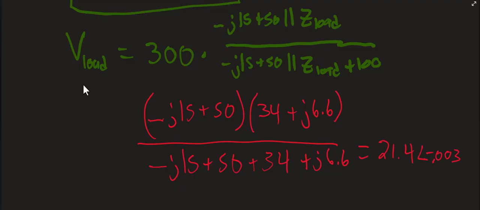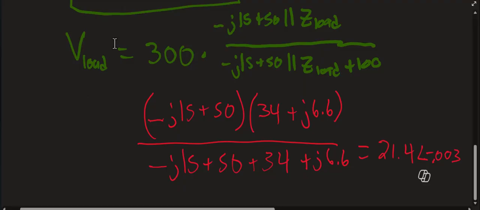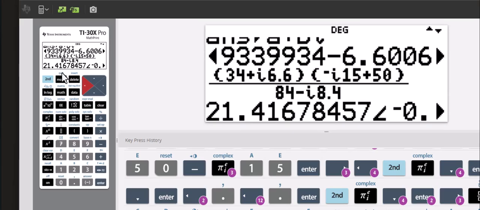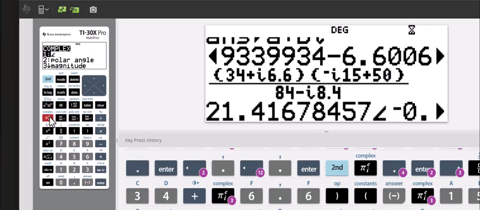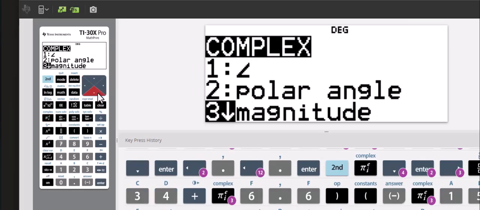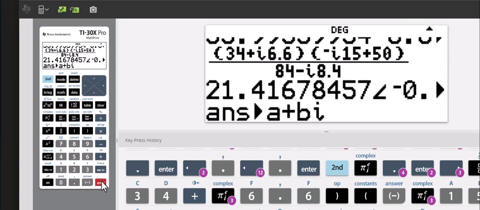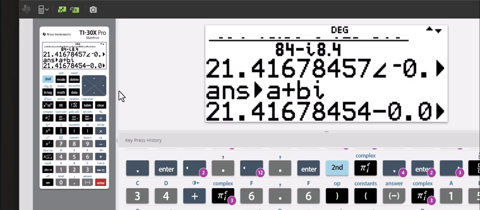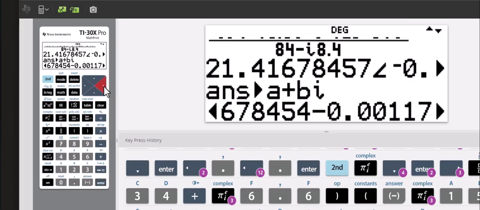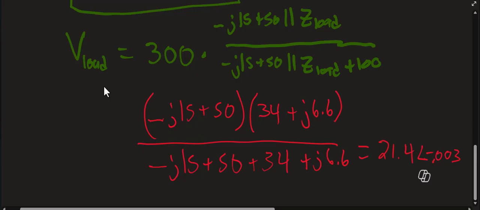The only thing that's not there is that little 100 ohm resistor, so our angle is real close to 0. And our imaginary part will be real close to 0 too. So if I change this to rectangular, it's practically 0, 21.4 minus J0.001.